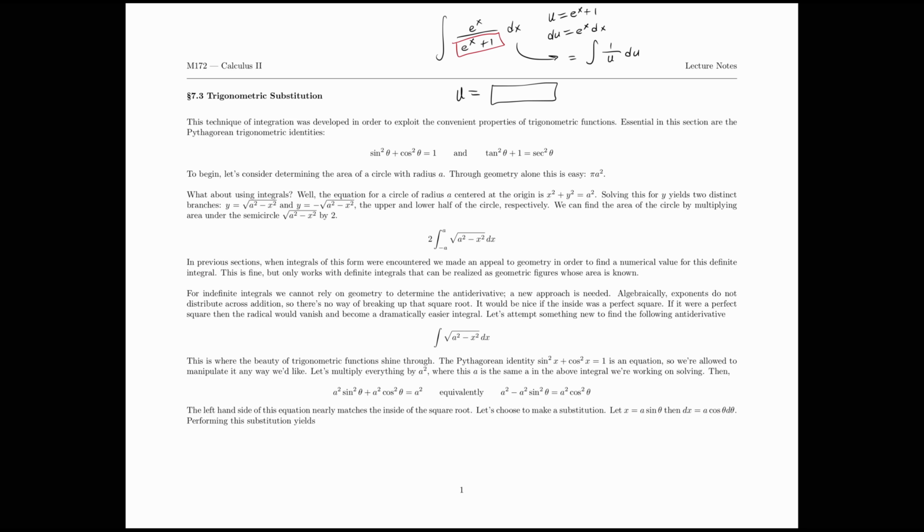This new technique that we're going to do is, instead of letting a new variable equal a part of our existing expression, we are going to take our current variable and set it equal to some expression, specifically one that involves a trig function.